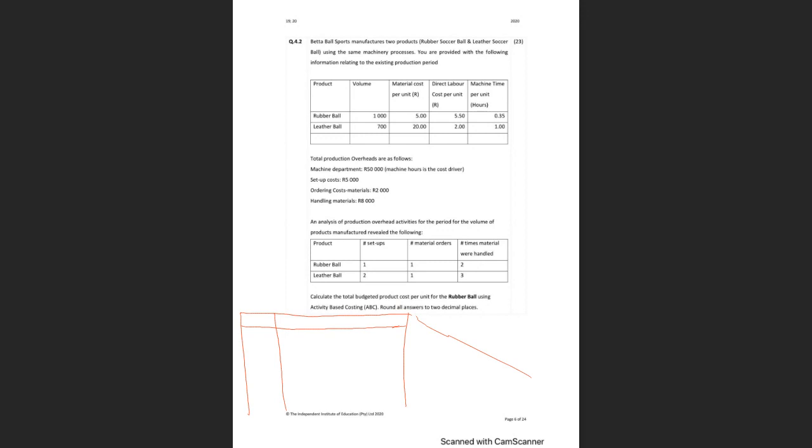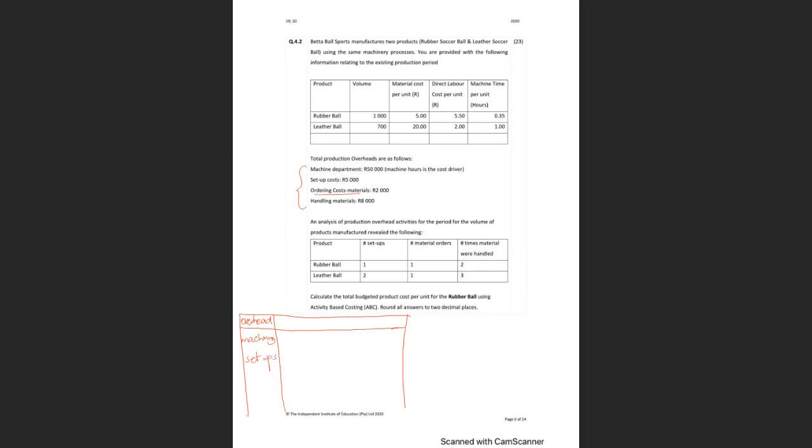So the overhead cost itself, where it comes from, is the machining department, which is what was written out here for us. The machining department was the first one. Then you had the setup costs, so I'm just going to say setups.